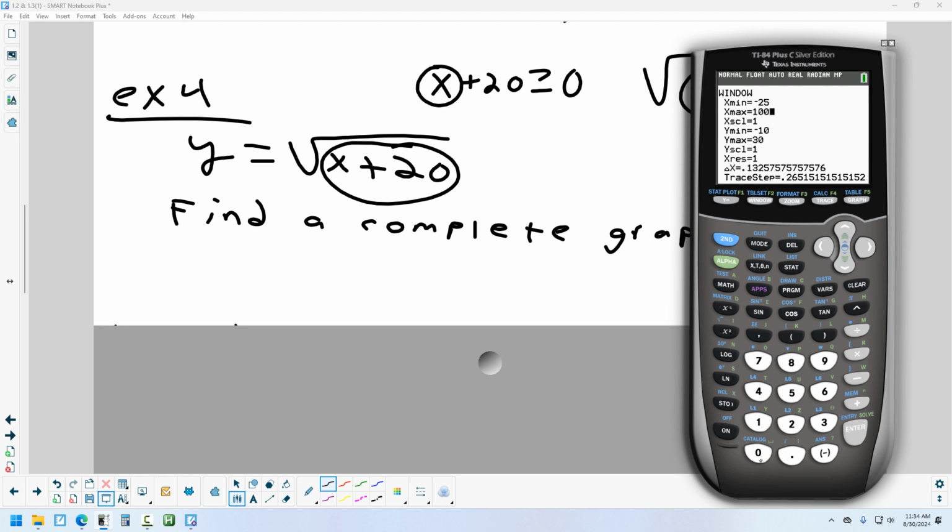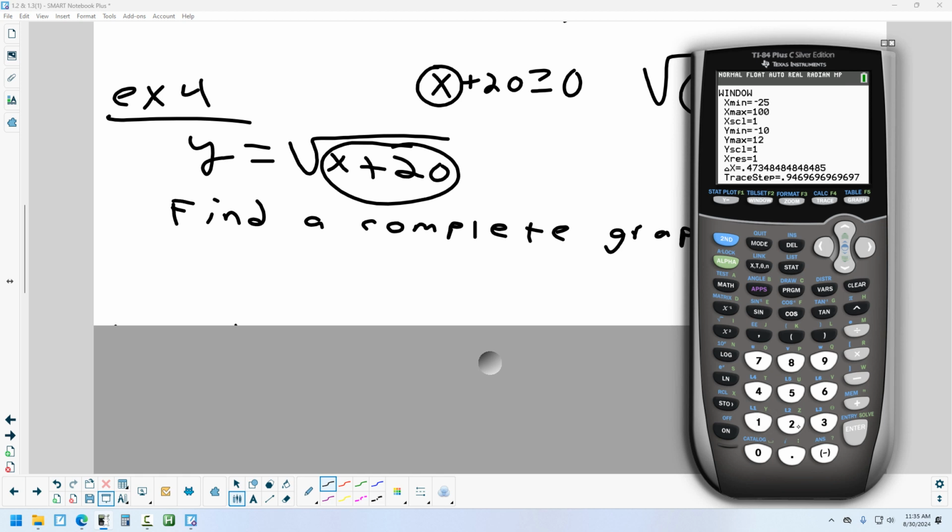So I would say 100 is probably pretty good. Now, if you were to plug in 100, 100 plus 20 is 120. What's the square root of 120 pretty close to? Yeah, that's pretty close to 11.